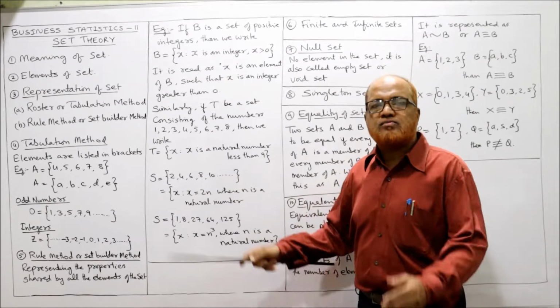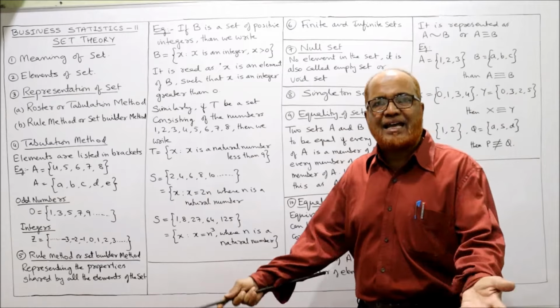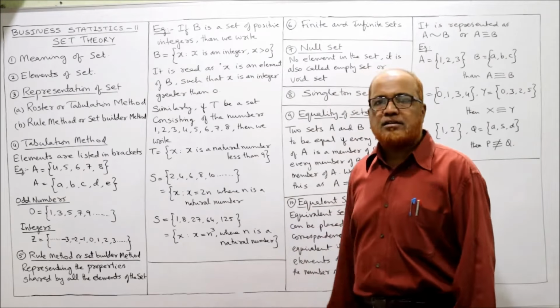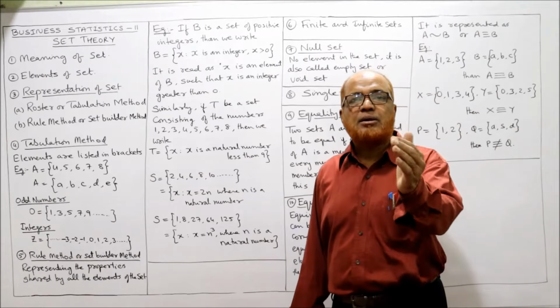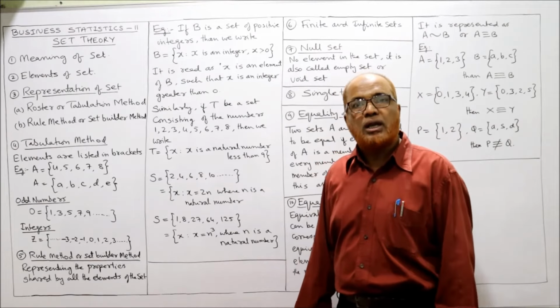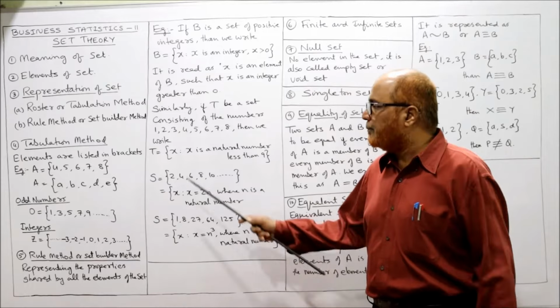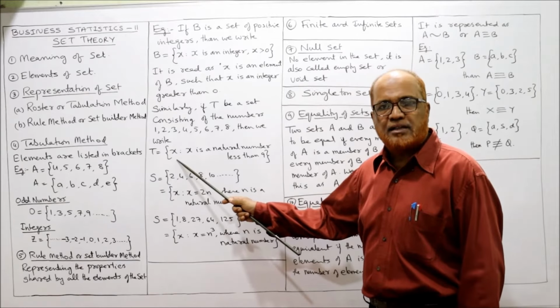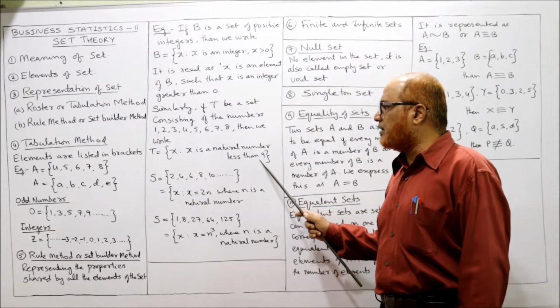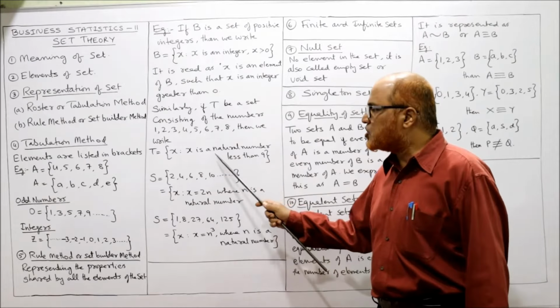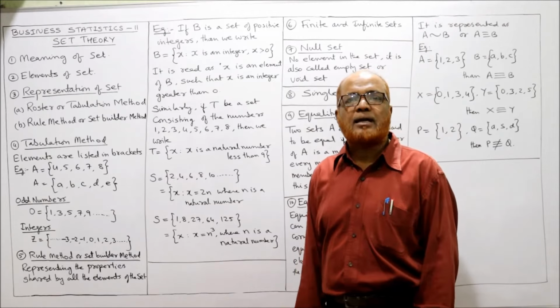X is a natural number because 1, 2, 3, 4, 5, 6, 7, 8, 9 are the natural numbers. But we are going up to 8. We don't have any number beyond 8. That means we are restricting below 9. So how to write down the property? X is an element such that X is a natural number and which is less than 9. That's it. The condition, the rule, we have written in the bracket.